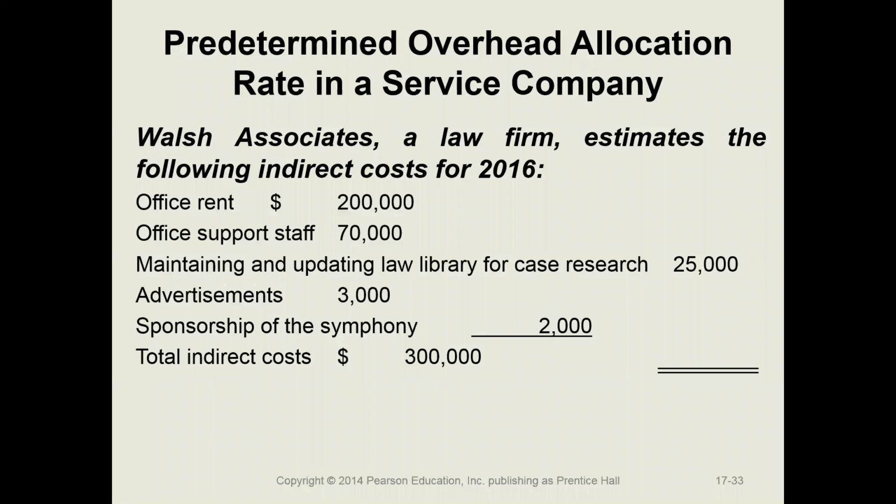Rather than manufacturing overhead, you just take out the word manufacturing because it's not a manufacturing company. So it's overhead or indirect costs. These are all costs that aren't direct materials or direct labor. So they have a total of $300,000 of indirect overhead costs.